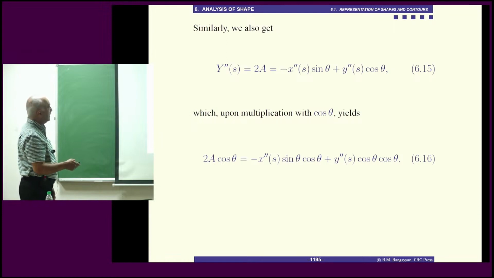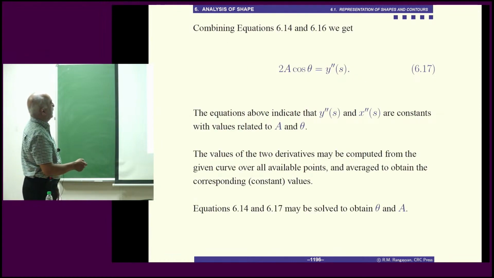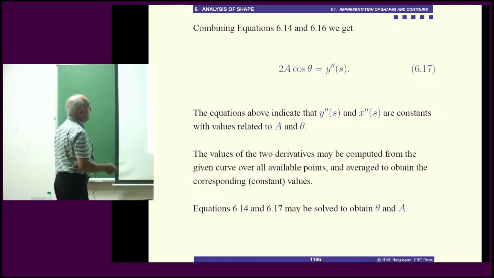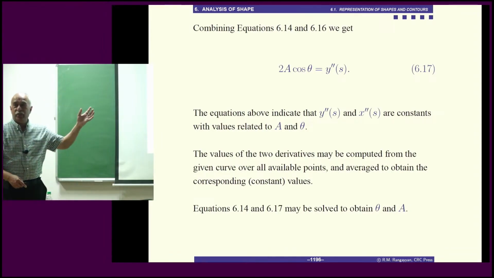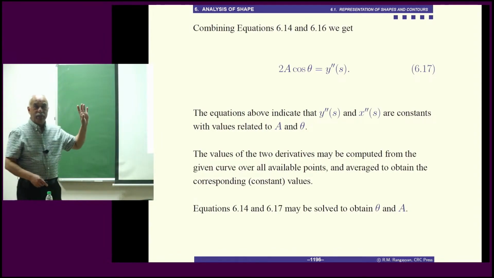So that's one equation. Then you get 2a cos theta is y double prime s. So you can solve for these parameters a and theta, and then you have the transformation. So you got the parameters of the parabola for each one of them.